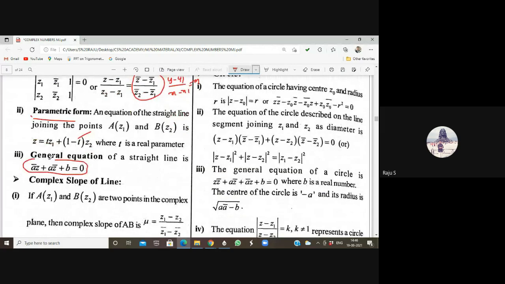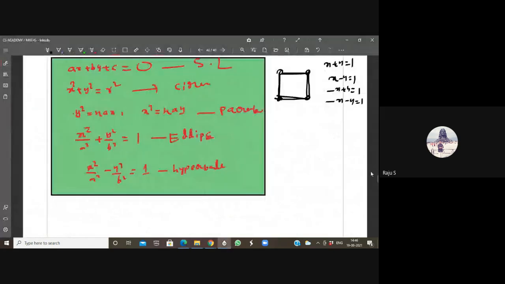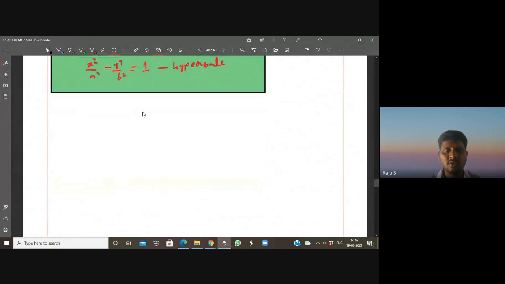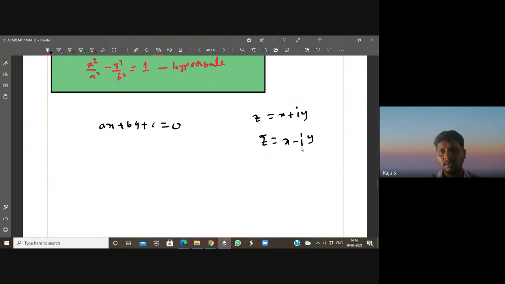If we convert this, I already derived it, whether you remember or not, by taking the general form of line equation, ax plus by plus c equal to 0, then z is equal to x plus iota y, and z conjugate is x minus iota y. With the help of this, I found the x value, which is z plus z conjugate by 2, and b into y value, which is z minus z conjugate by 2 iota, plus c is equal to 0.